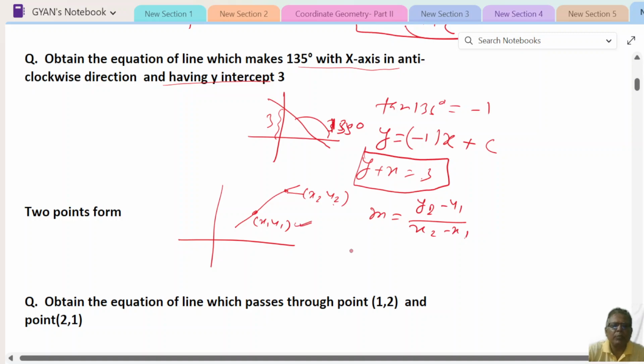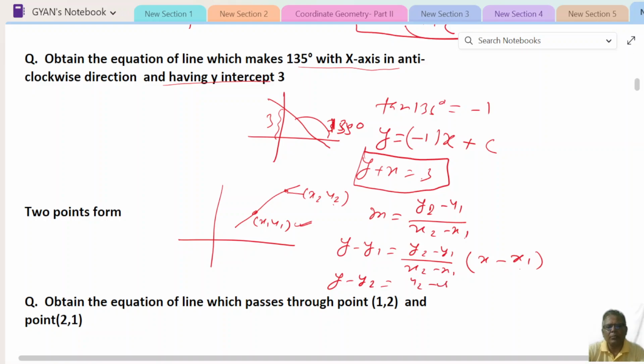So you take any point: y minus y1 is equal to (y2 minus y1) divided by (x2 minus x1) into (x minus x1). You can write this also as y minus y2 is equal to (y2 minus y1) divided by (x2 minus x1) into (x minus x2). So both will give you the same answer.